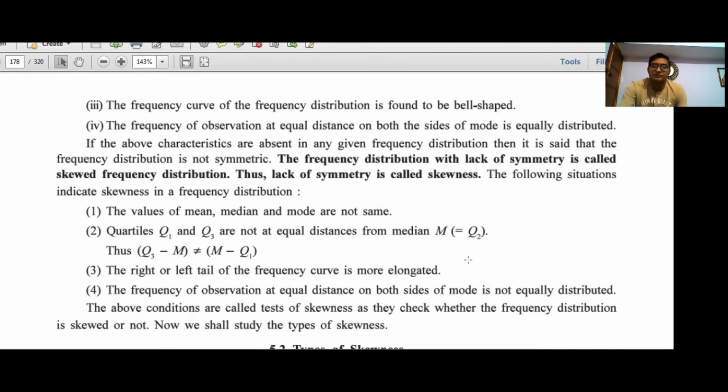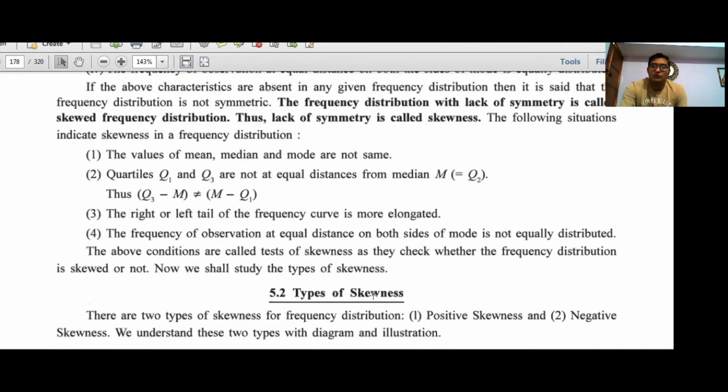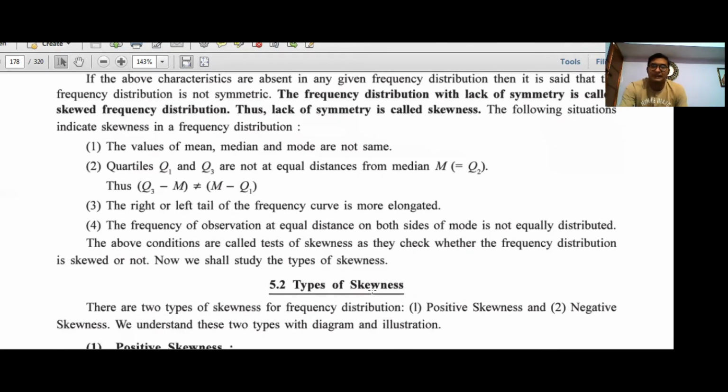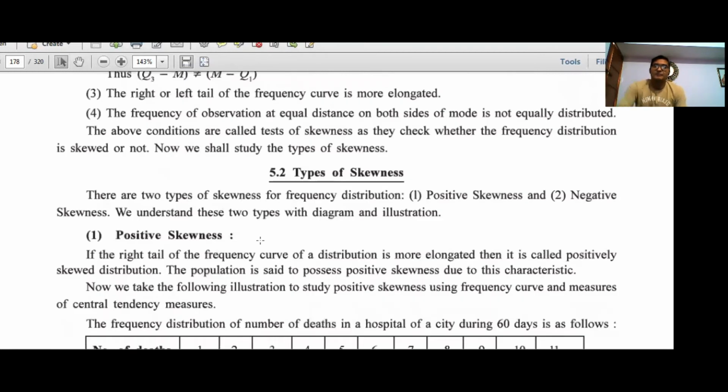Now the next point is types of skewness. There are two types of skewness. Number one is positive skewness. Second one is negative skewness. Now, in positive skewness, the right tail of the frequency curve distribution is more elongated.